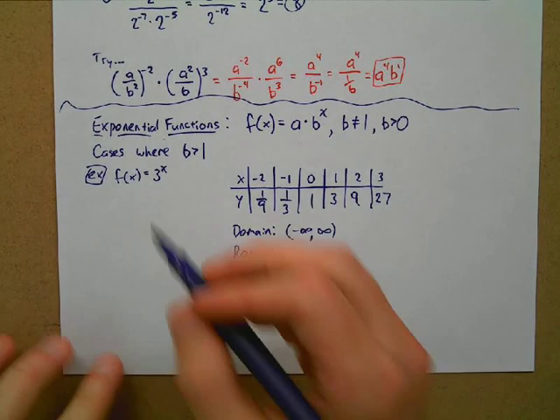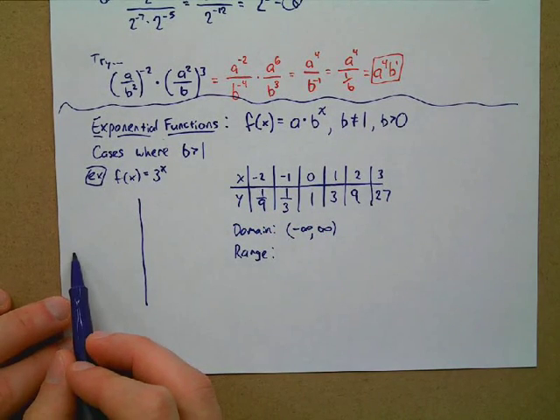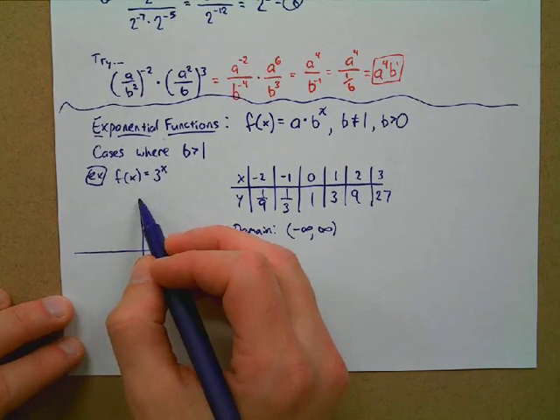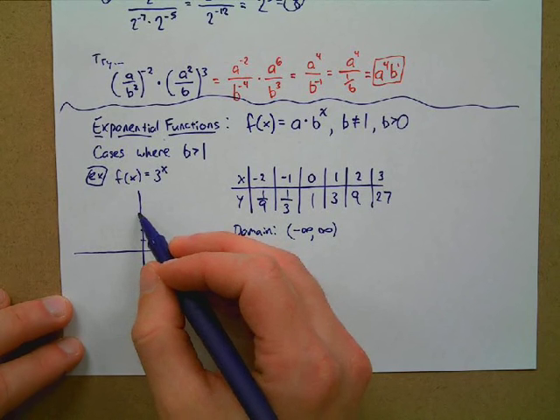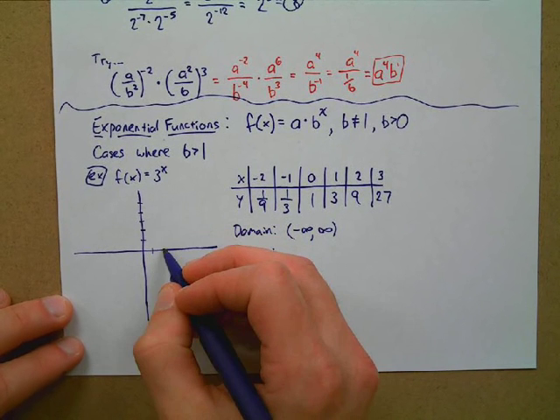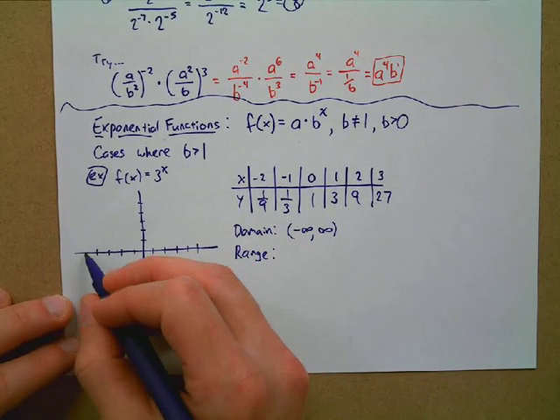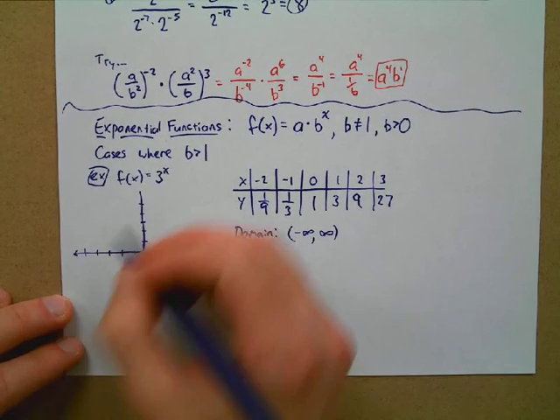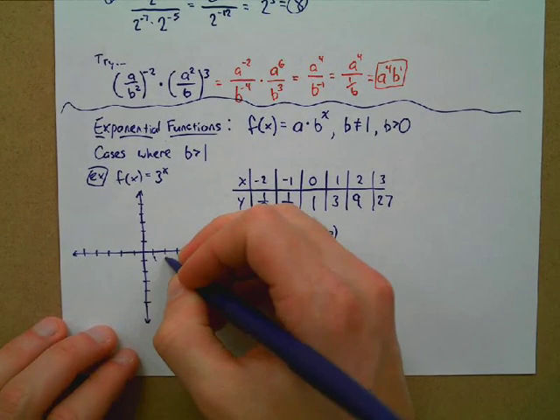I'm going to put about 5 tick marks on either side and above and below the origin. For the x-axis, it's probably okay to count by 1s. For the y-axis, we shouldn't count by 1s because we have to go up to 27 here. So I'm going to count by 5s. Again, when it's your graph, you can count however you want.